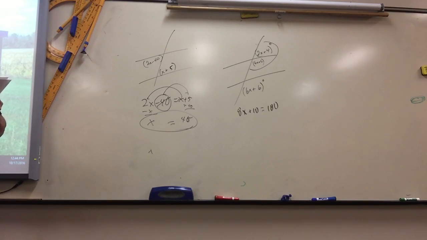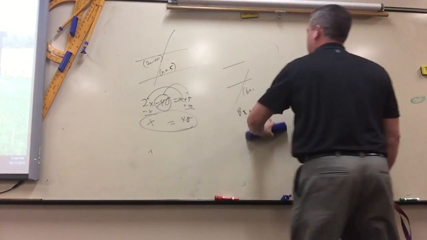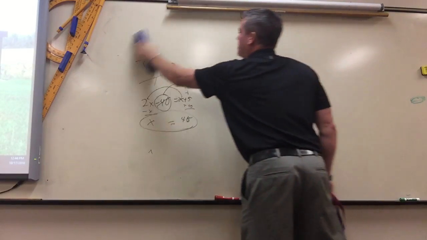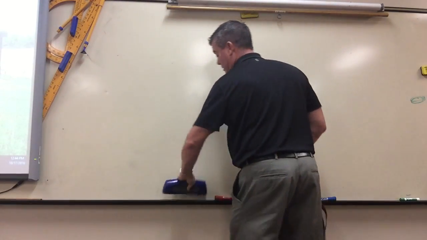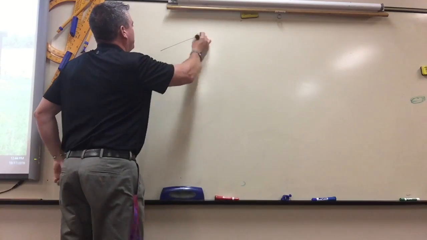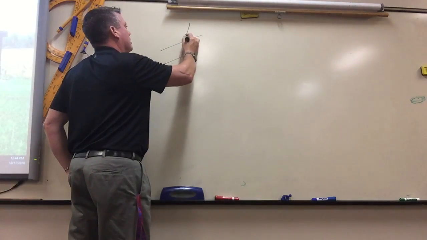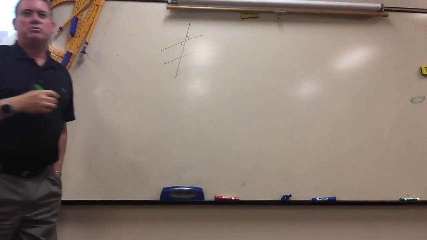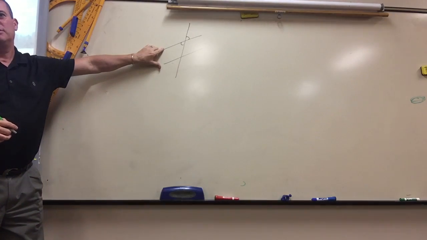Okay, then the last part of the test is just like this last assignment that we just corrected. You're gonna have a picture, and you gotta give the reason that makes the lines parallel, if any. So like if you had a picture like this, what would make these two lines parallel?